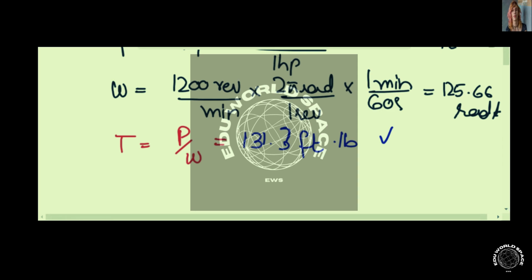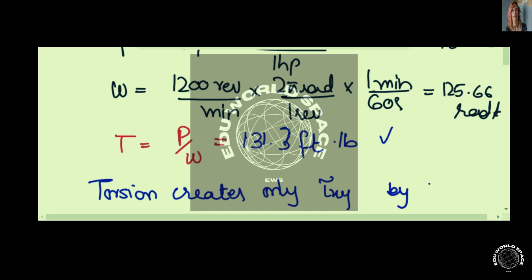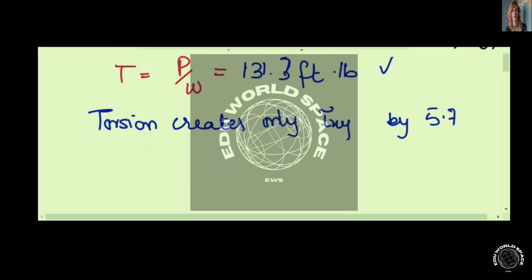Now moving forward, in chapter 5 we saw that torsion creates only shear stress, and it can be found by equation 5.7. Because we are interested in the maximum value, the shear stress is equal to T c divided by J. For a circular cross-section, J is equal to pi by 2 c raised to the power 4.